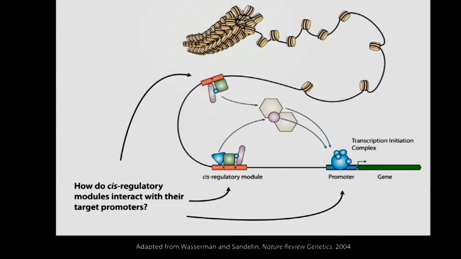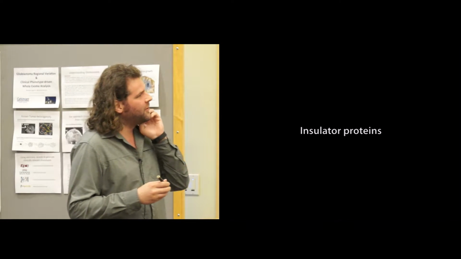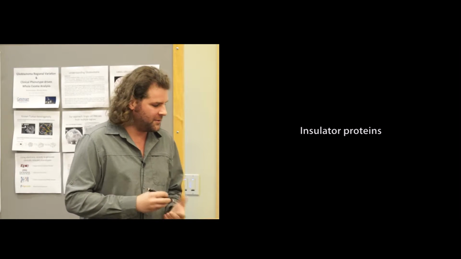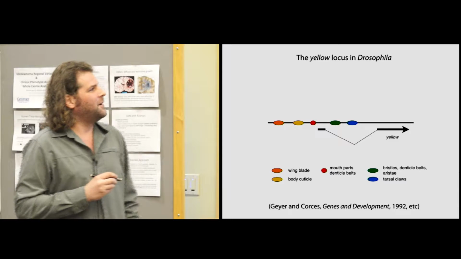And so a particular class of regulatory elements and corresponding transcription factors that I've been interested in for a long time are these insulator proteins. Ross asked me if I was going to talk about insulators, so I decided I would give you a little bit of background.